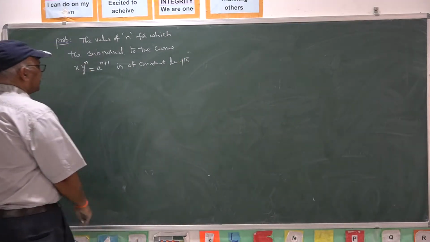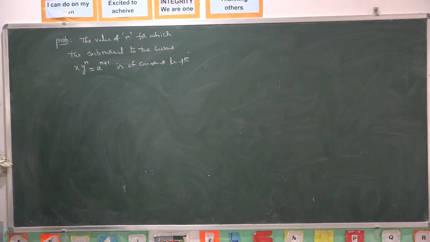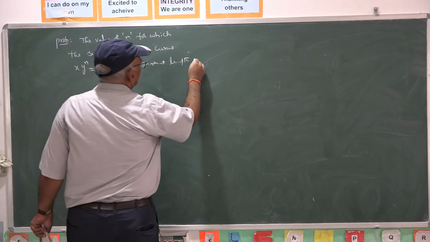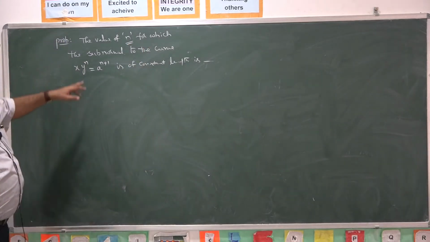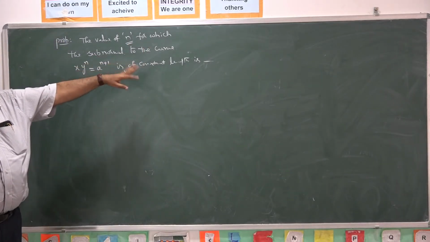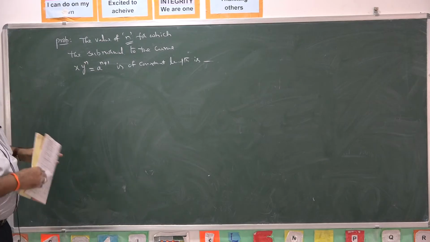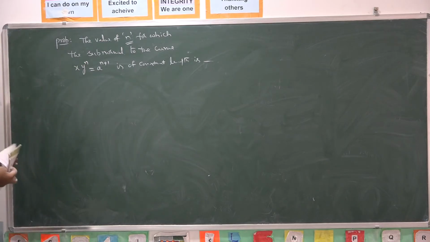You have to find the value of n, the power here, so that the subnormal is constant. That is the problem here.